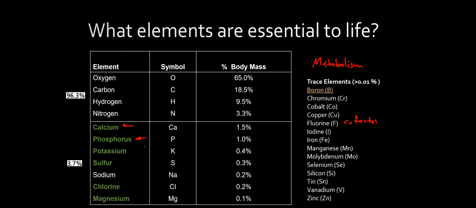I already told you about phosphorus and energy. Sodium and potassium collectively are important to maintain the electrical gradients of cells, which help control the transport work, and it's essential for our neurons to fire. And then chlorine and magnesium are both essential for various things. We'll just leave it at that.